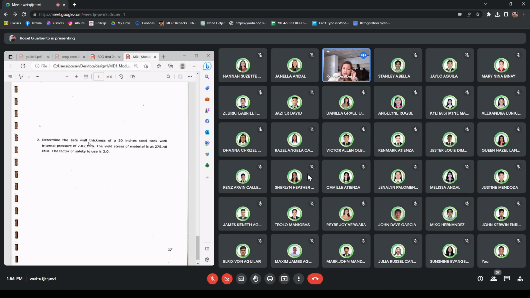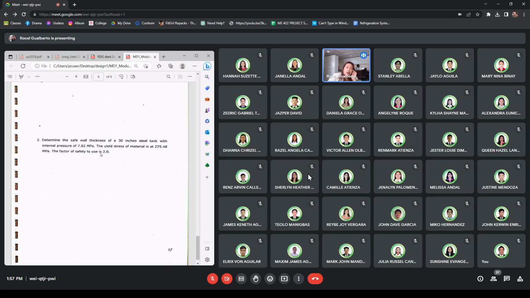Okay? So how will you solve this now? You look for the thickness. So this time po, hindi mo magagamit initially yung limiting criteria kasi thickness is unknown. Okay? So you start with your assumption, assume thin wall. And then you solve using yung procedure para sa thin wall. And then once you have your answer na po, ibabalik mo po to the limiting criteria to check if it conforms doon sa thin wall talaga.